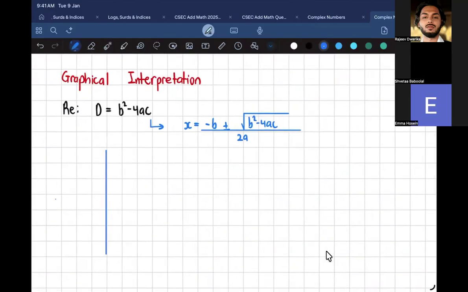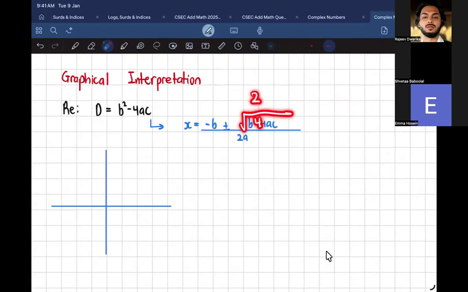Generally speaking, if the discriminant is more than 0, that means it's a positive number. Could I find the square root of a positive number? Yes. Let's say the number inside was 4. What's the square root of 4? 2.